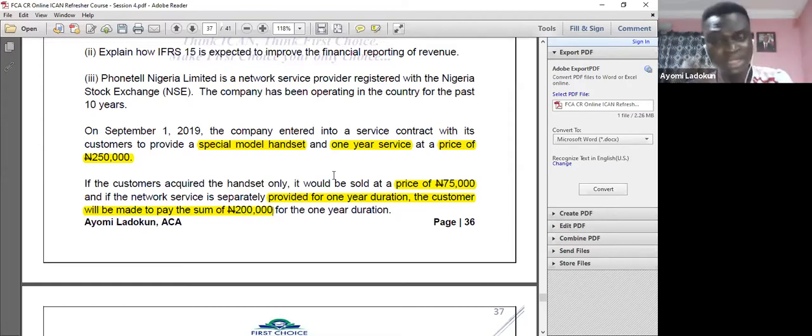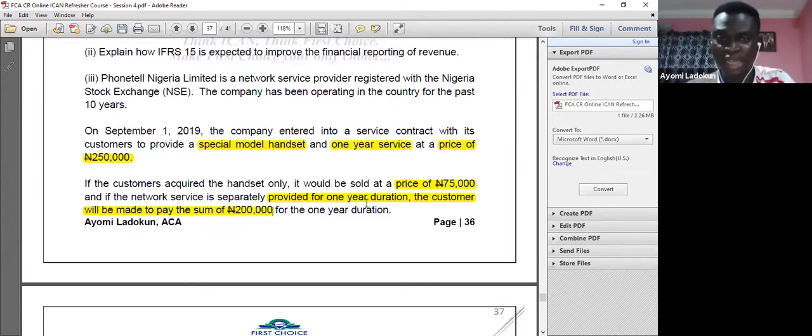I will also say 200 divided by 275, and I will also have a percentage. So that percentage I got for each of the standalone selling prices, for the special model phone and of course the 1 year service, is what I will now allocate on that 250, and that's how I recognize revenue.